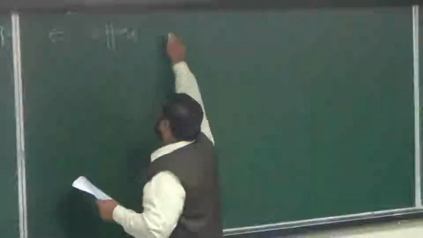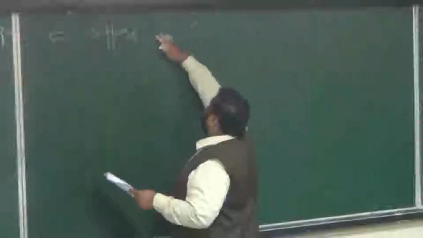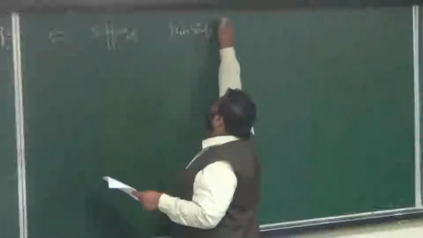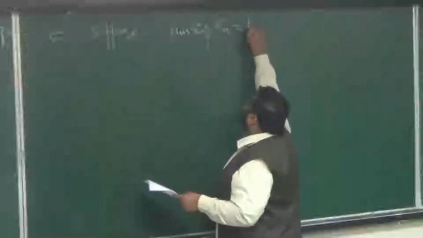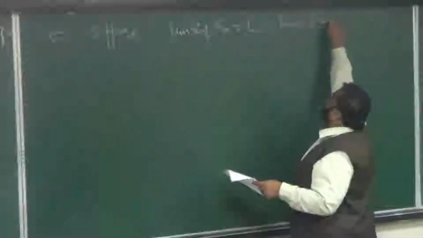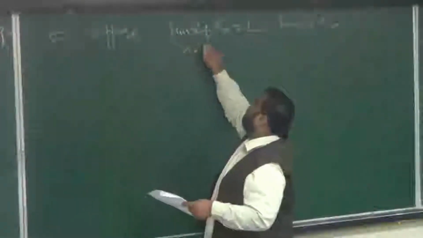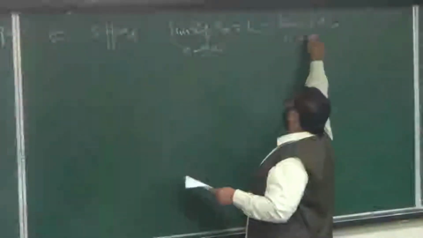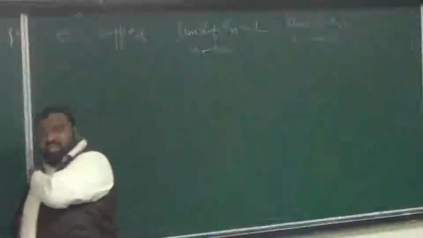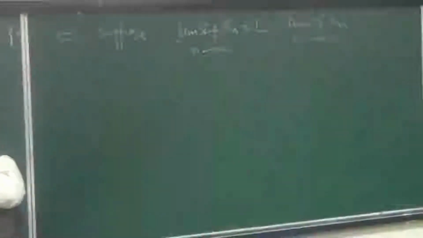So L is, we say that lim sup of AN is L, lim inf of AN is also L, n goes to infinity.